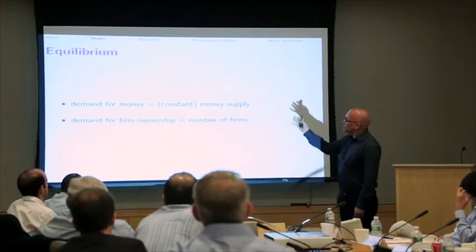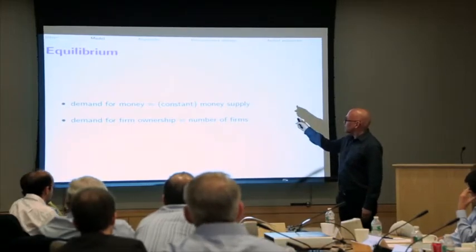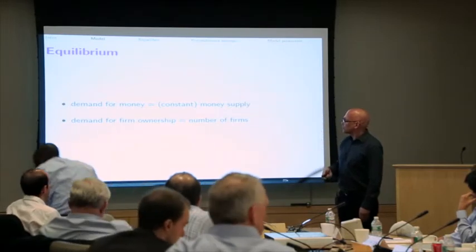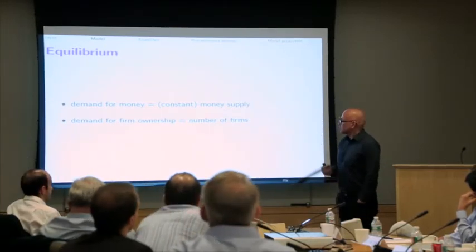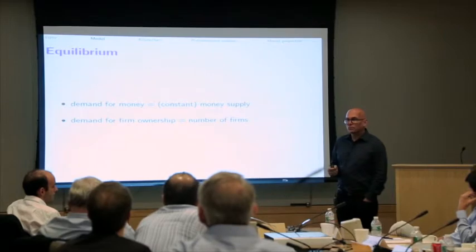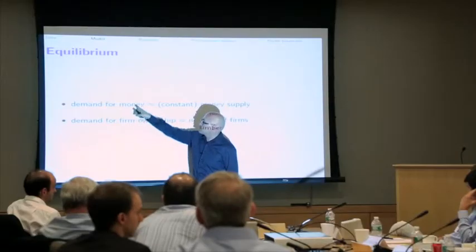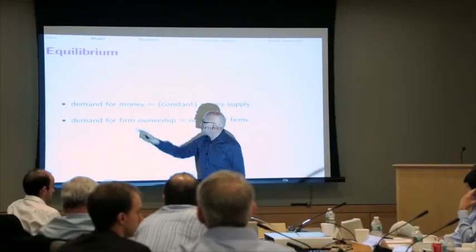Okay, and then the equilibrium conditions in words. There's going to be demand for money, and it's got to be equal to money supply, which today is going to be constant. And then there is demand for firm ownership. So this is demand for ownership by this population of agents that could become employed or unemployed, right? And so as part of insuring themselves against being unemployed, they're going to demand these assets.